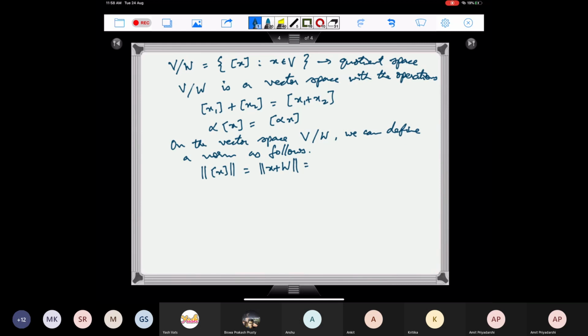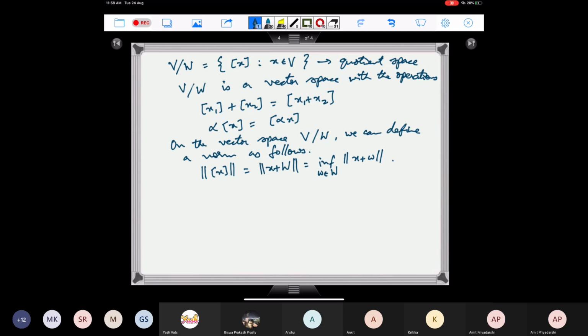It is nothing but the infimum of norm of x plus w for w belonging to capital W. So you look at the infimum over all the vectors in this coset, and that we define as the norm of this coset. This is the norm defined on the quotient space V mod W.